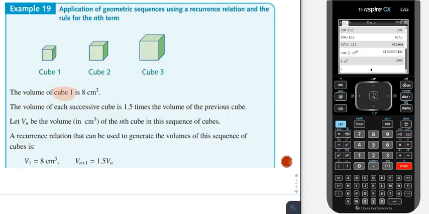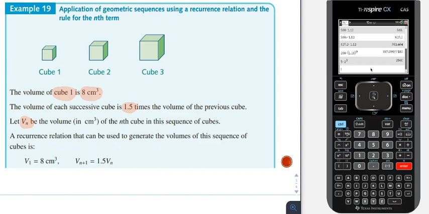Another application example of this is a volume situation. The volume of cube 1 is 8 centimeters cubed, and each successive volume is 1.5 times larger than the previous volume. We're saying that Vn is the volume in centimeters cubed of the nth cube in this sequence.